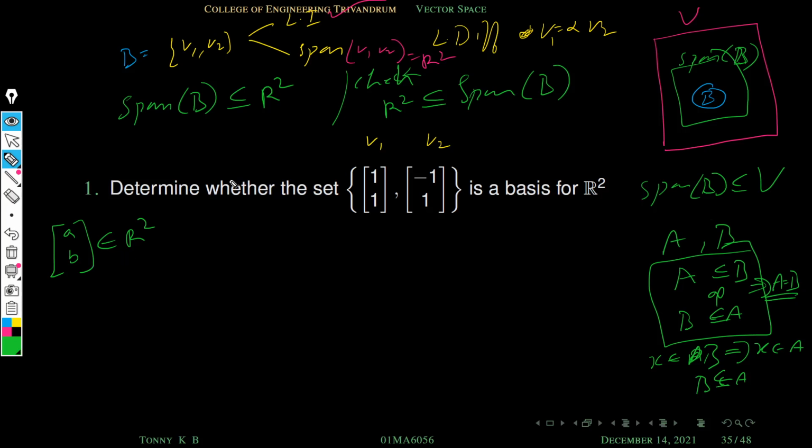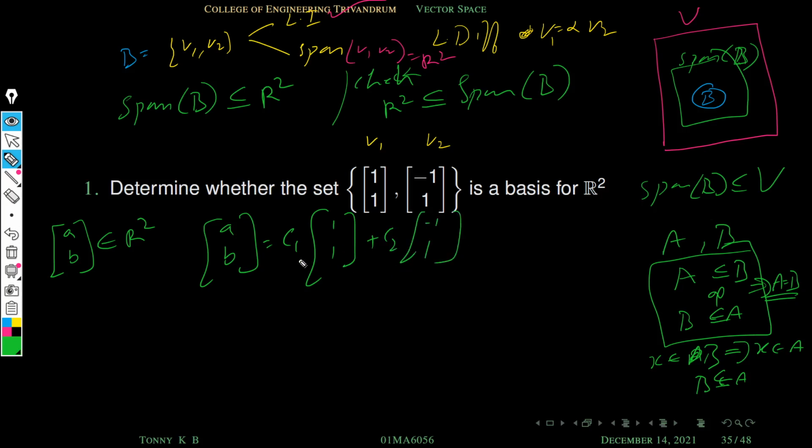So how to verify this belongs to span B? If it belongs to span B, then we can write (a, b) as a linear combination of these two vectors. That means if it is possible, then you can write (a, b) as some c1 times (1, 1) plus c2 times (-1, 1), right?